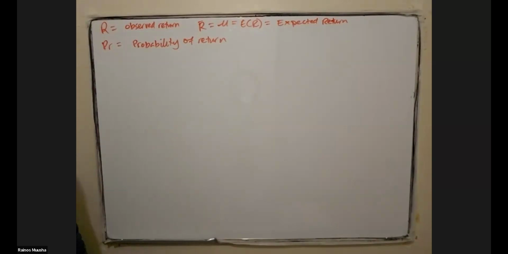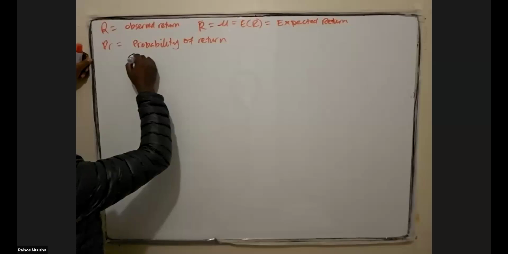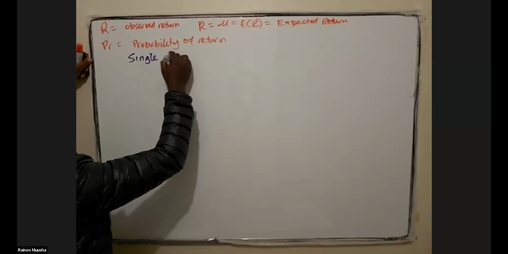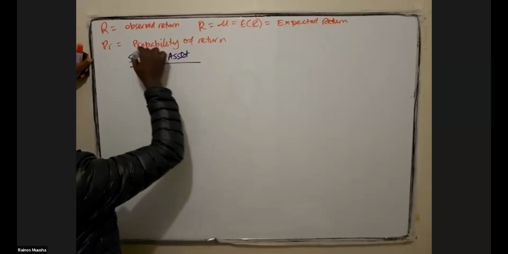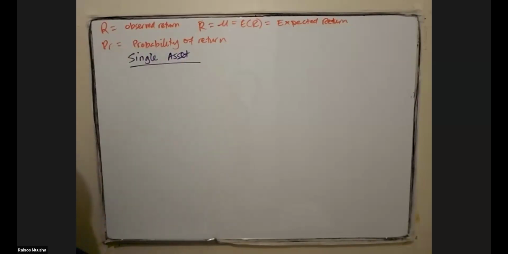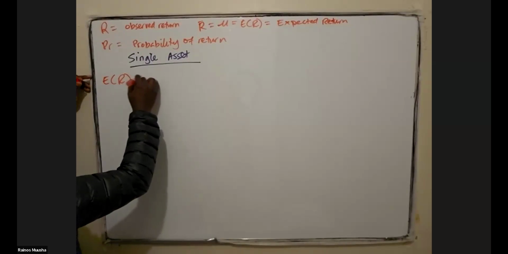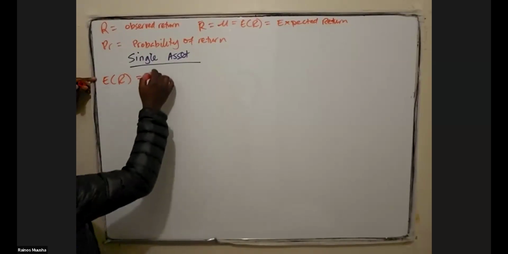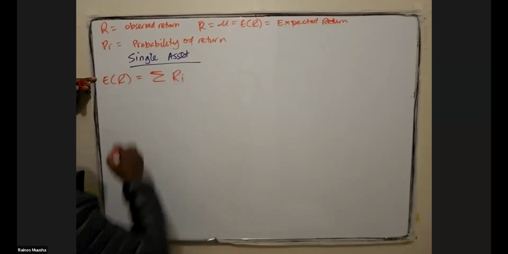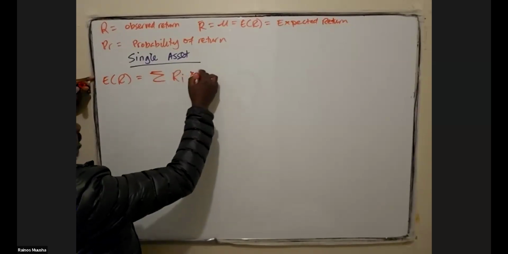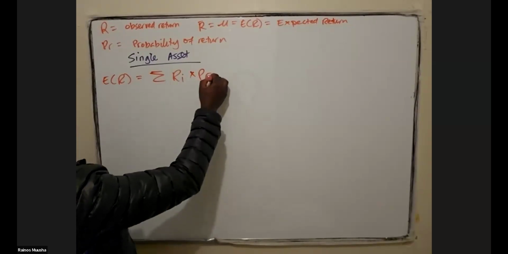Now, when it comes to the expected return, the first thing that we're going to be looking at is analyzing a single asset. So if you're analyzing a single asset or a single investment, and they ask you to determine the expected return, then your expected return is given as the sum of the observed returns multiplied by the probability of earning those returns.